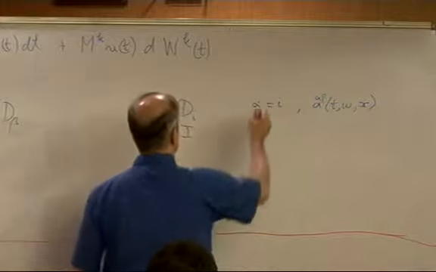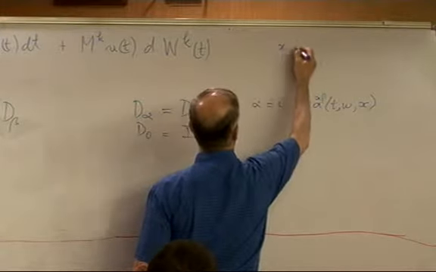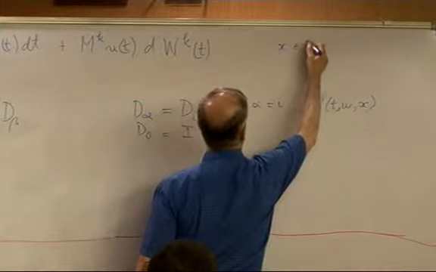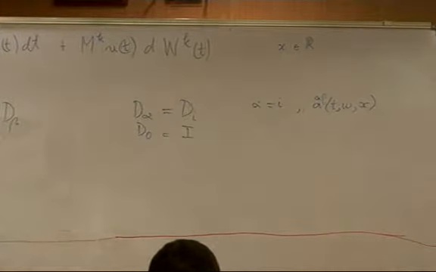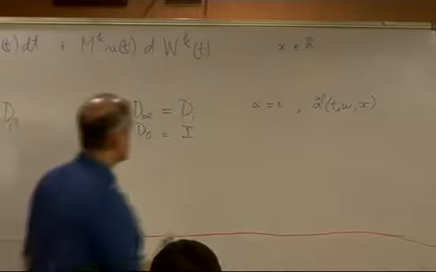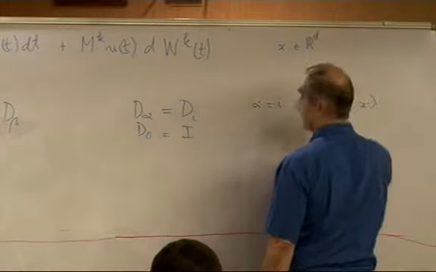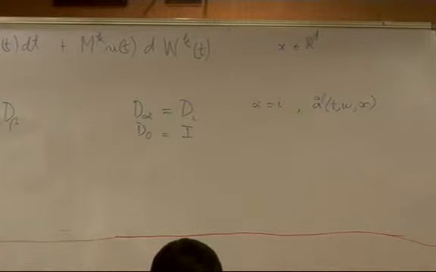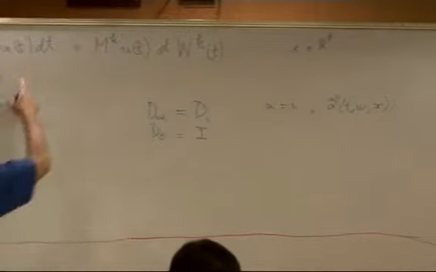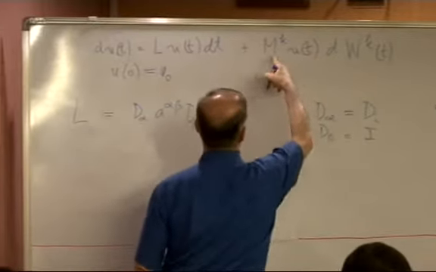X is, in my case, always on the whole space R^d, so I do not consider the bounded domain case. So here u depends on t, on omega. I did not write the x, but it depends on it also.